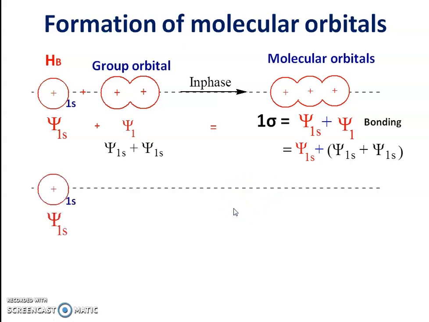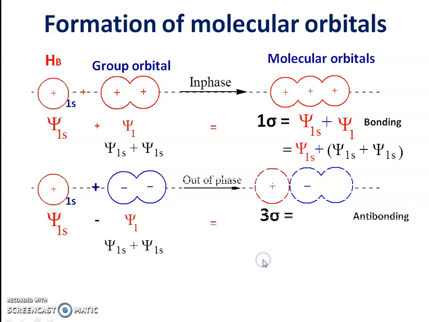Again, consider the internuclear axis. Suppose hydrogen B contributes a 1s atomic orbital. It combines with the group orbital, but now the combination is out of phase: psi 1s minus psi 1, where psi 1 is equal to psi 1s plus psi 1s. After the out-of-phase combination, there is a formation of an anti-bonding molecular orbital, that is 3 sigma.